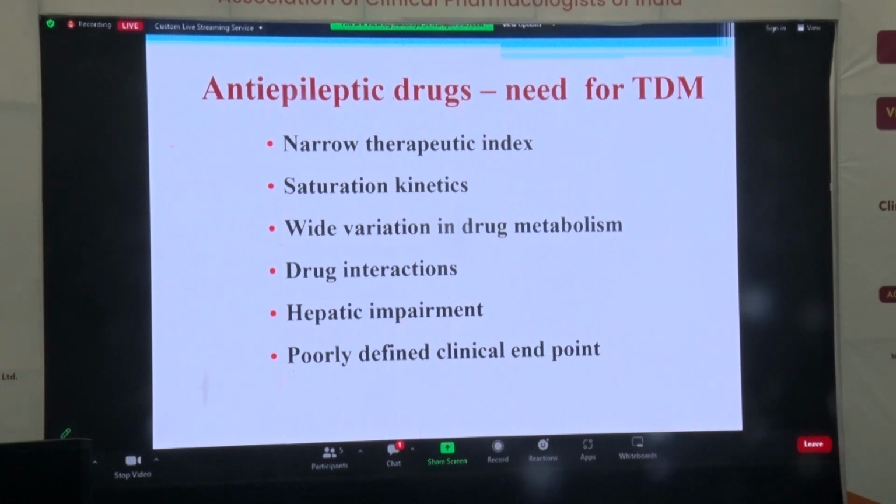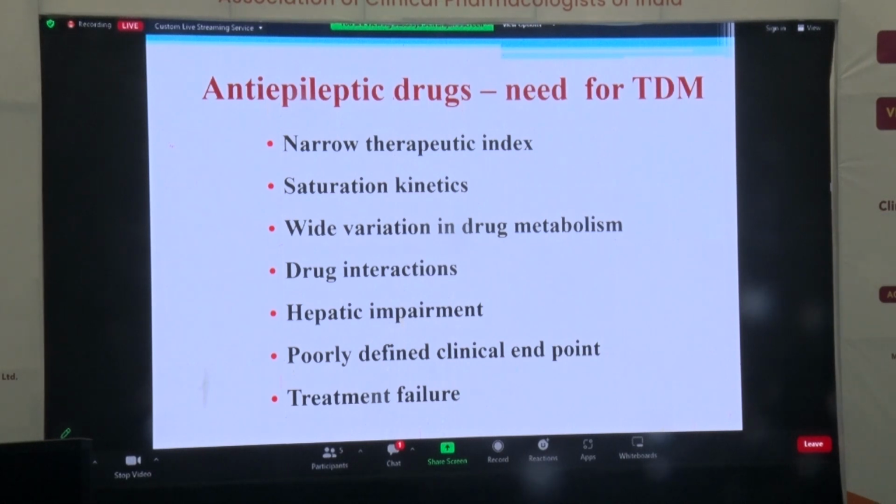We don't know when to say the patient is treated. For example, how long a seizure-free period can be considered as the patient having come out of seizures, or if a seizure occurs, whether it is due to the disease or due to treatment failure. It is very difficult to decide when a seizure occurs in a patient after a long seizure-free period. So anti-epileptic drugs fit all the criteria for therapeutic drug monitoring.